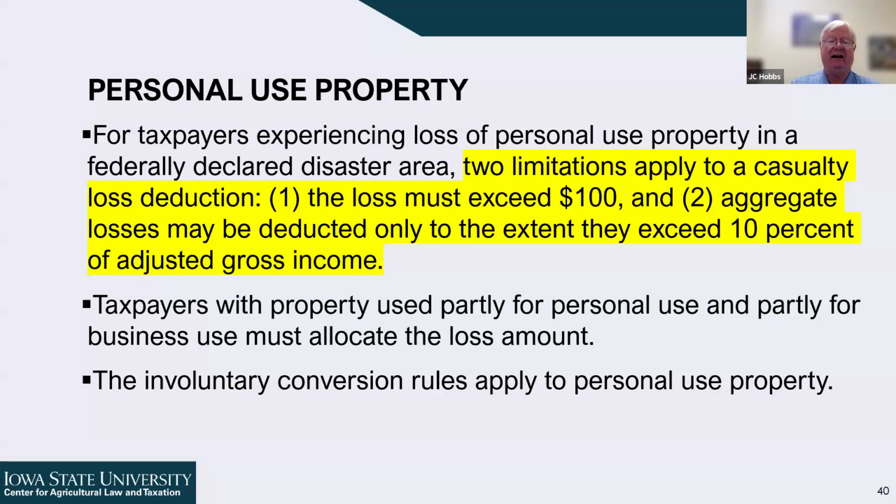One of them will be allowed as a complete loss, and the other is going to be a personal use loss. Consequently, you're going to have to apply those two limits in the yellow right above it. The involuntary conversion rules do apply to personal use property. As I stated before, that house may have 4 years to replace it.